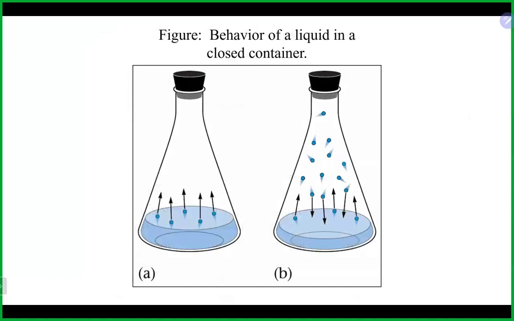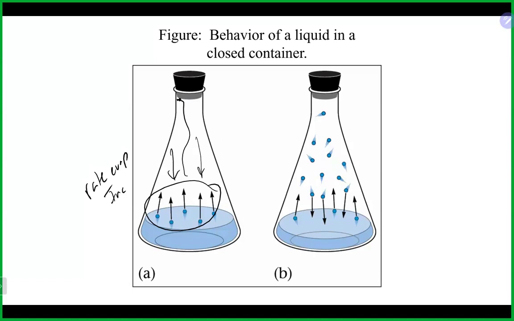That's what we see here. If you take a liquid and put it into a flask and stopper it, the first thing that's going to happen is the rate of evaporation will increase. You'll get all these molecules jumping out of solution and evaporating. The problem is in a closed container, they have nowhere to go. They can't escape, which means eventually you'll start to get some heading back into the liquid.